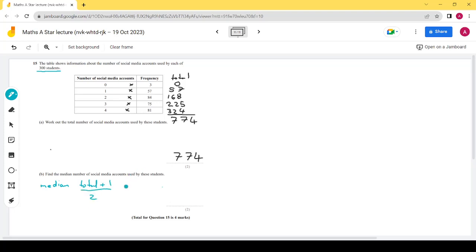So total 300, so we've got 301 divided by 2, which is going to give us 150.5. And what that means is we need to find the 150th and the 151st result.